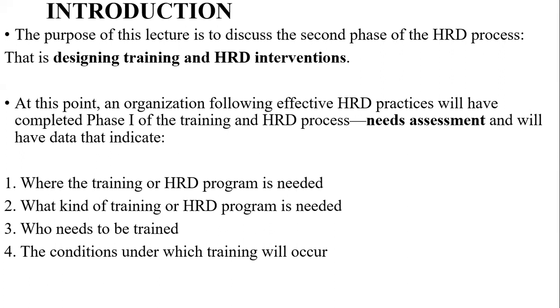And so if the nature of the deficiency is such that it will require them to be trained on the job, then such conditions should be taken into consideration when you are designing the training program, which means that you have to design it in a way where they can be working and also attending to the training program simultaneously. In other words, it could be scheduled in such a way that the facilitator will come around while they are working, then the facilitator will also be taking them through the expertise.